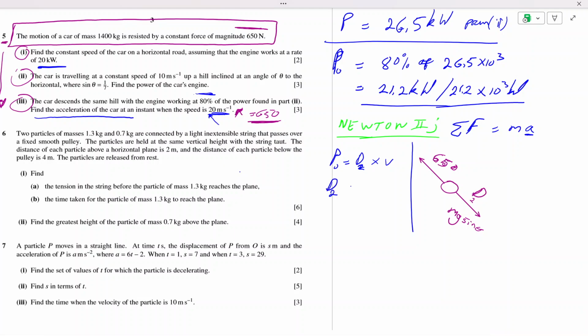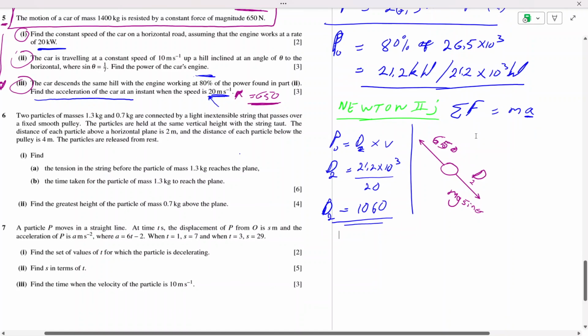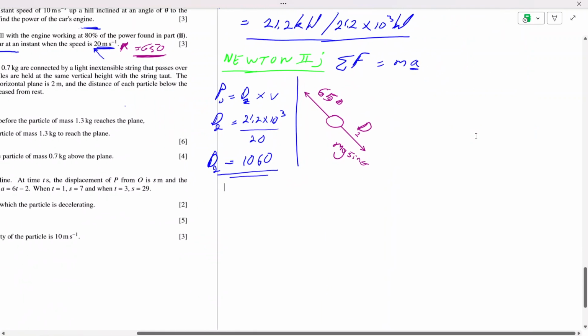So D2 will be equal to 21.2 times 10 to the 3 divided by V, which is 20. Plug that in the calculator. You get 1060. Now, let's use Newton's second law.